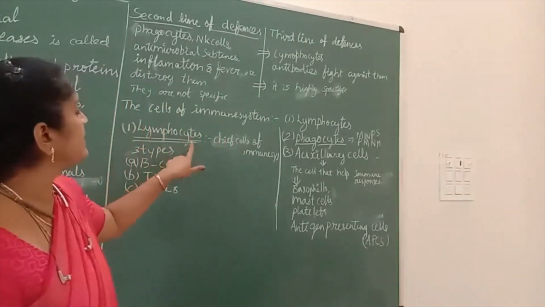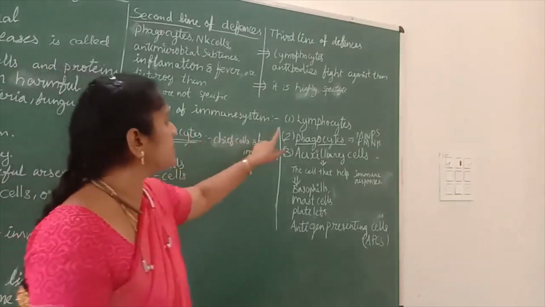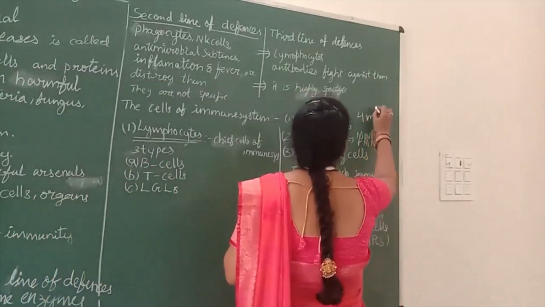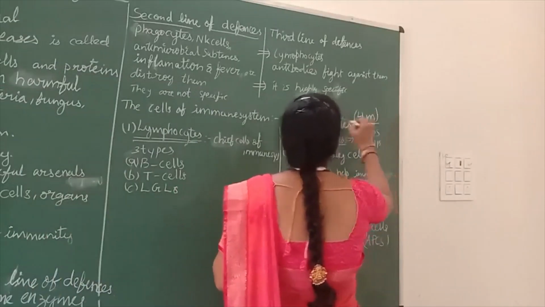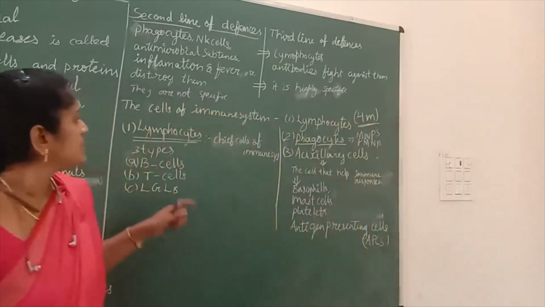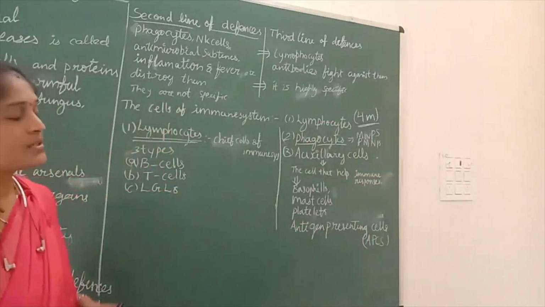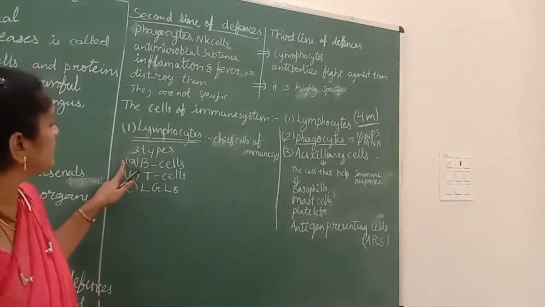In the intermediate syllabus, about these lymphocytes we have 4 marks. This is a very, very important question. These lymphocytes are the main cells in our body. They are divided into 3 types.